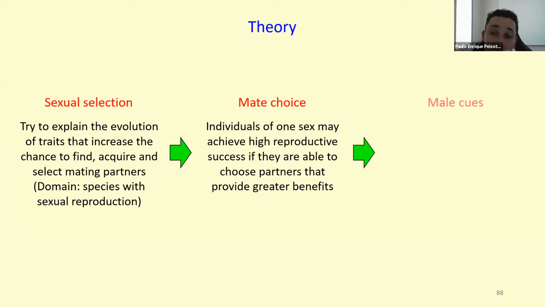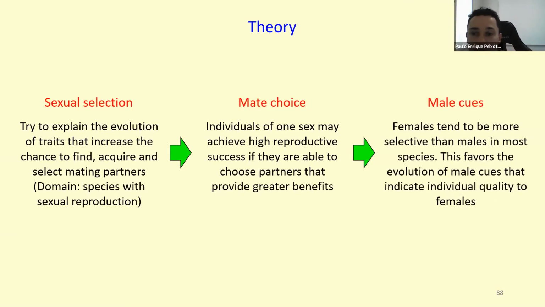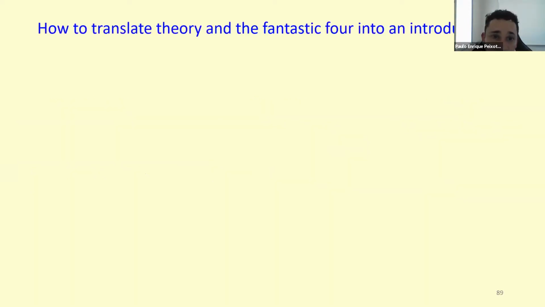And mate choice is related to the existence or evolution of male cues, because in many species, males that possess cues that are honest signals to females that these males are partners in better condition, high quality partners, these cues should be favored, okay? So by using this structure, I derived that hypothesis. So it was linked to this theory, okay?